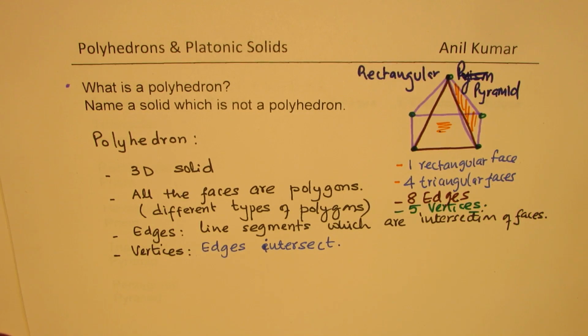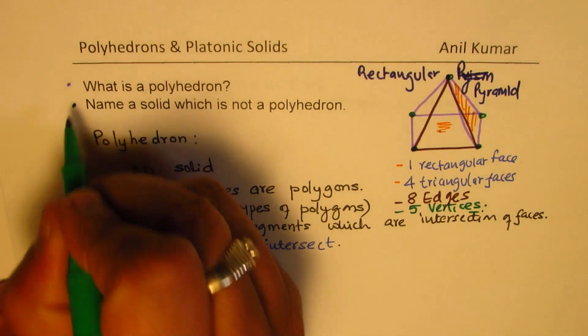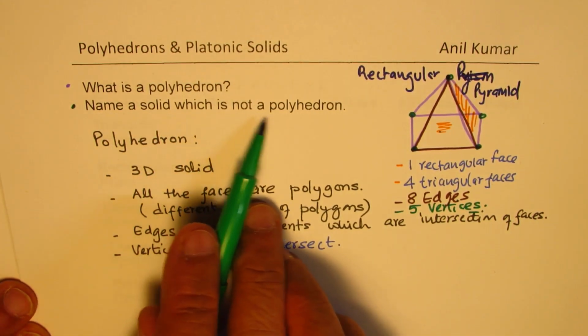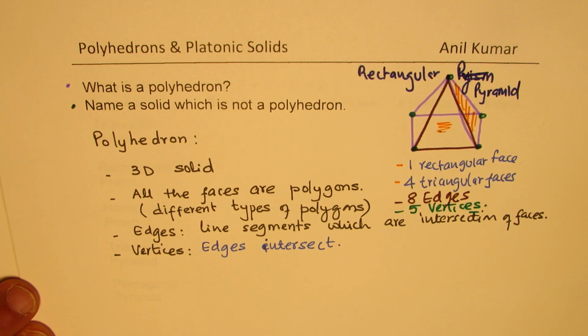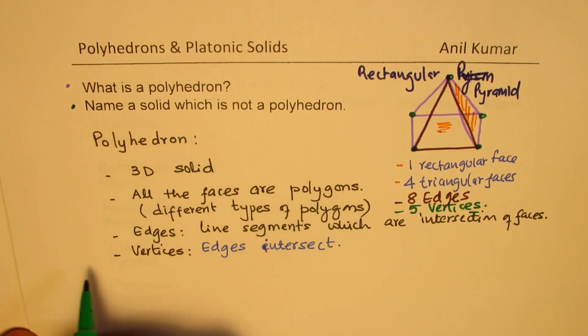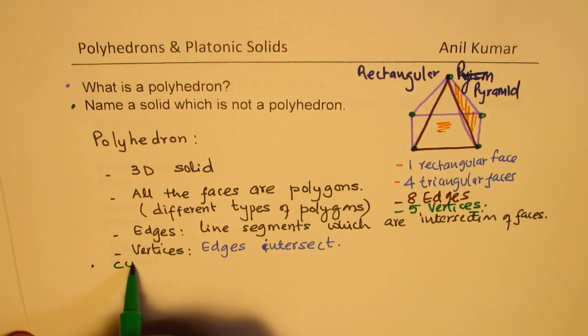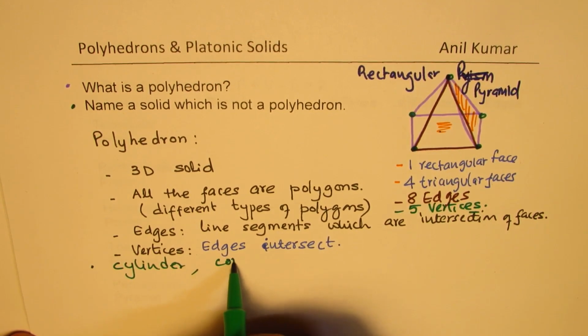Now the second question over here is, name a solid which is not a polyhedron. Name a solid which is not a polyhedron. So not a polyhedron could be a cylinder or even a cone.